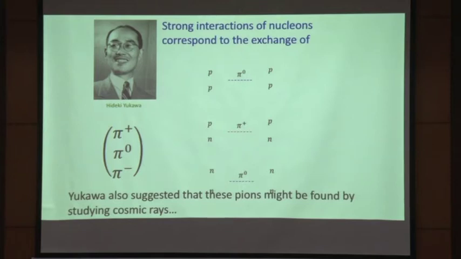I think few people are talking about the accelerators, so I do not want to cover that. But by then, it was already known that in cosmic rays you have highly energetic particles, and there you can find such pions. Okay.